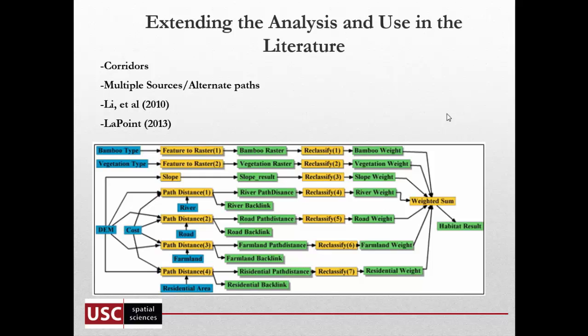From the literature, I wanted to point out especially Lee et al., whose model is depicted here. You can see that really what they did is they changed the order so that they would not have to use integers as an input.